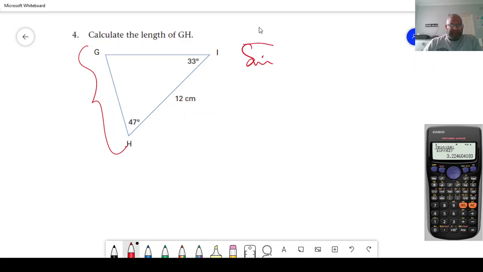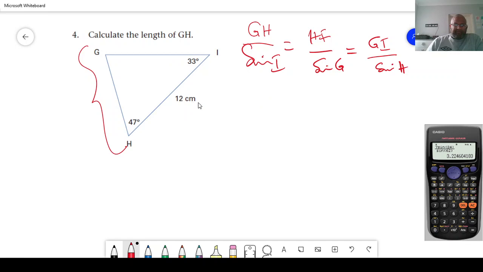GH over sine of angle I is equal to HI over sine of angle G is equal to GI over sine of H.